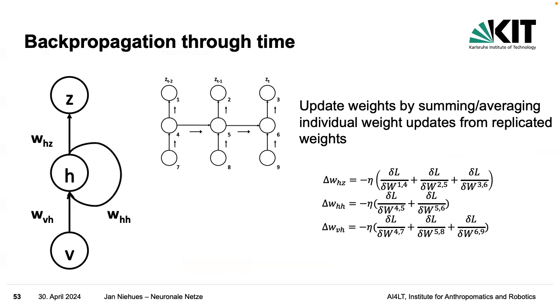We have them between our input and the hidden states 3 times, 3 times between the hidden states and the output, and 2 times between the hidden states. This is because of the simplification that we didn't have initialization. Otherwise, you would have it there too. And yeah, you average them again the same way, and then you have the backpropagation.